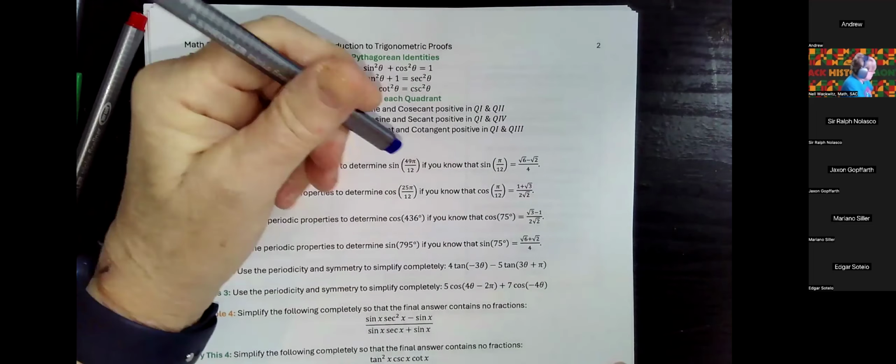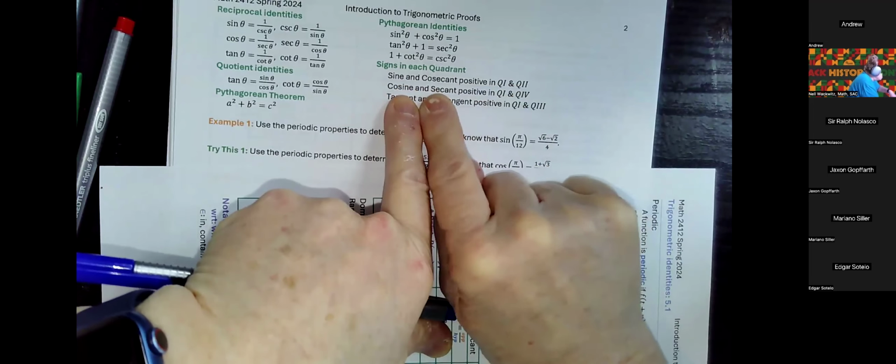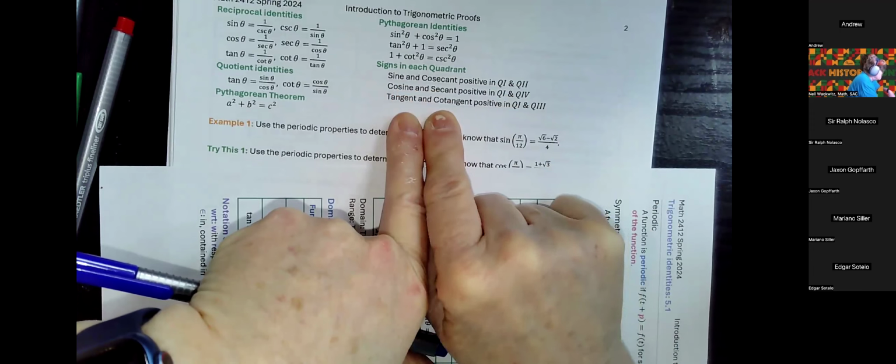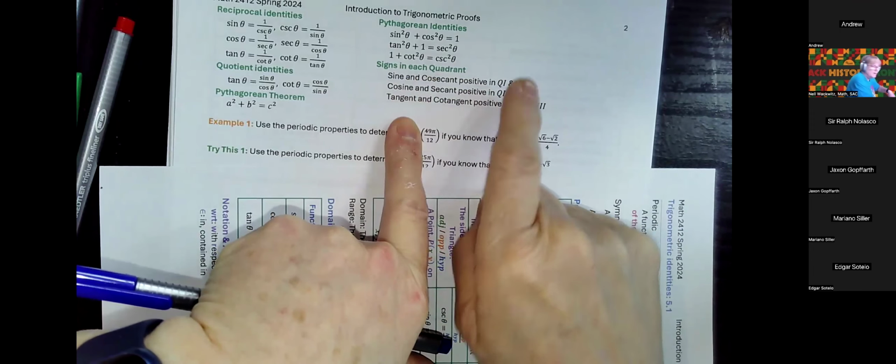And then the quadrants where all of the trig functions are positive. So sine and cosecant in first and second, cosine and secant in first and fourth, tangent and cotangent first and third. You notice that every one is positive in two quadrants. So every one is negative in two quadrants.